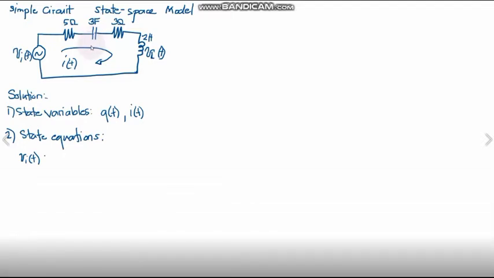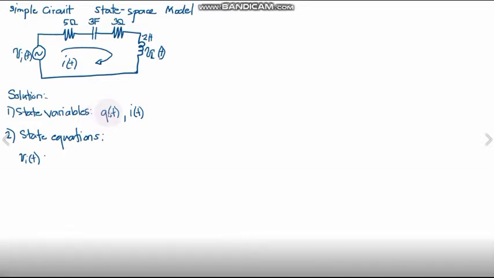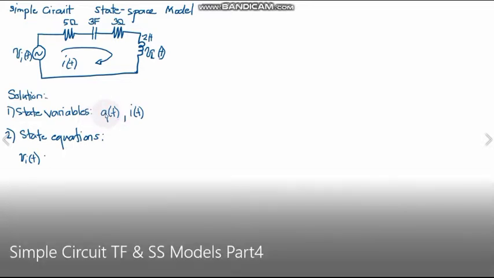There are many variables. Now, you are to choose what will be your state variables. But of course, the hint here is you choose a state variable that will lead you to your unknown values, to what you are supposed to derive.